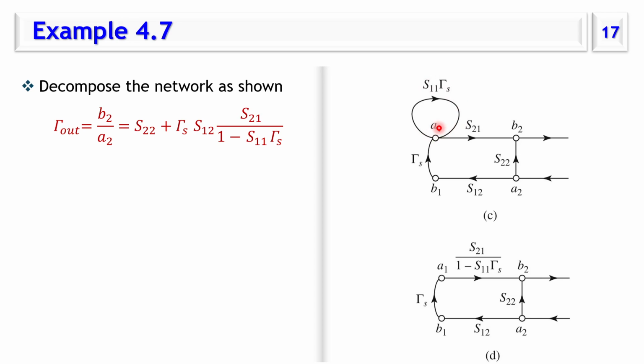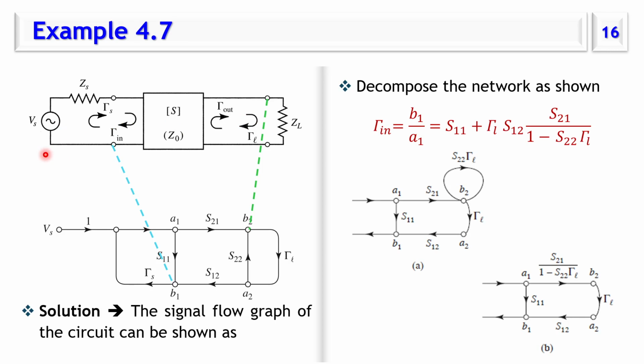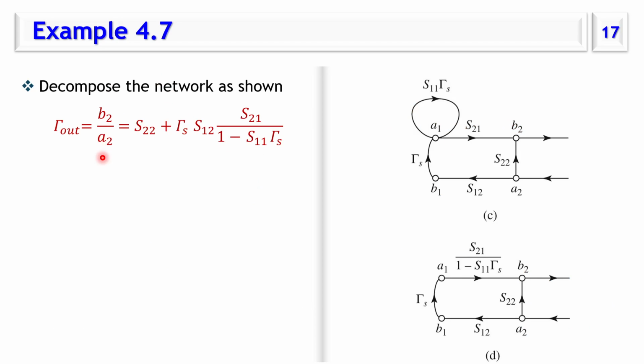Now what is gamma out? Gamma out equals B2 divided by A2, the signal going out, very similar.